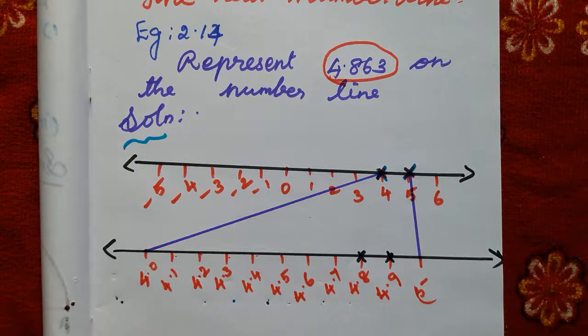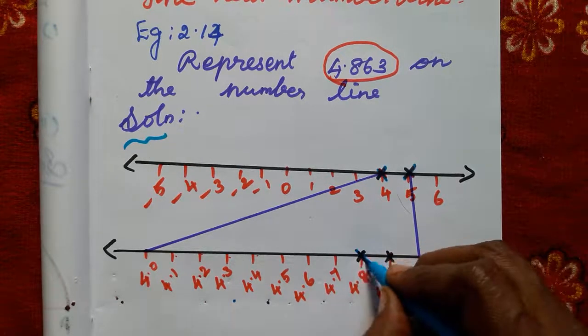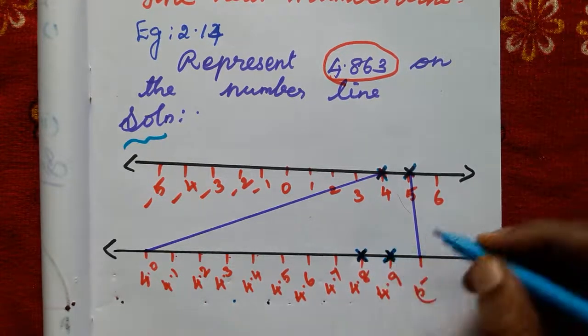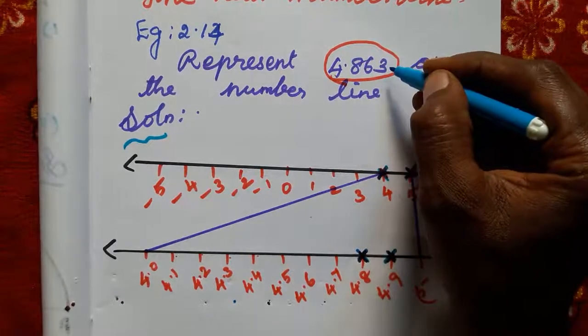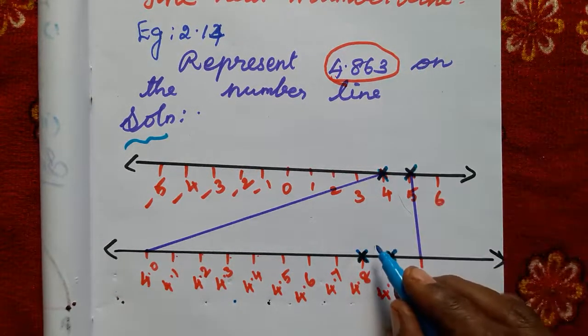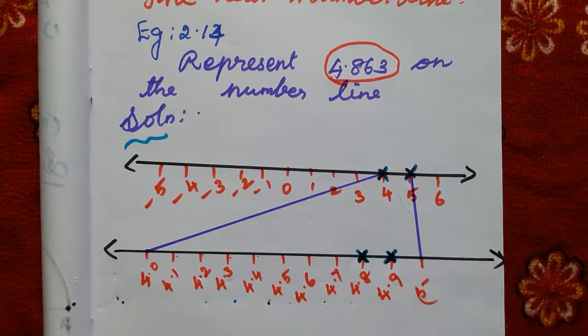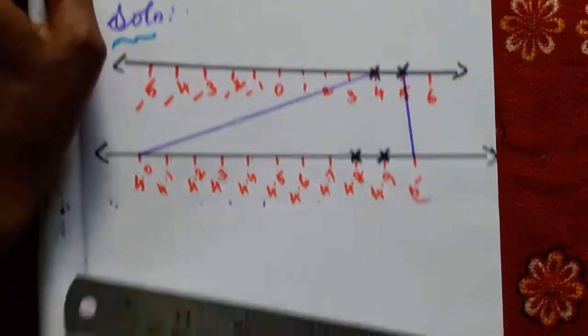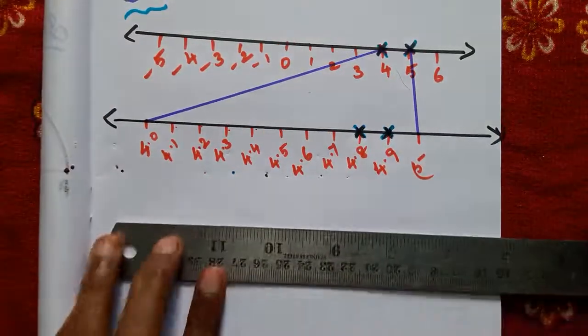So we have to mark 4.8 and 4.9. Afterwards, again you have to draw a number line.